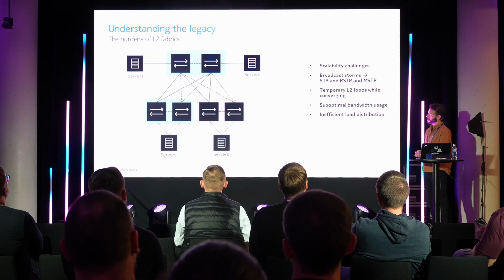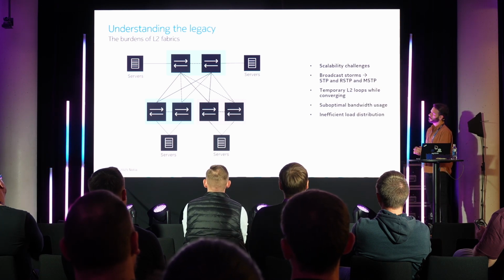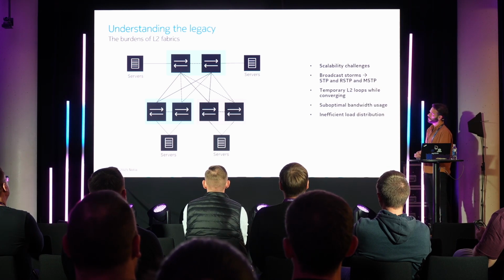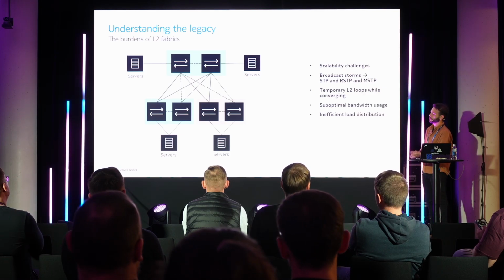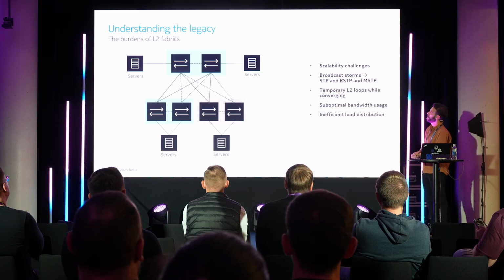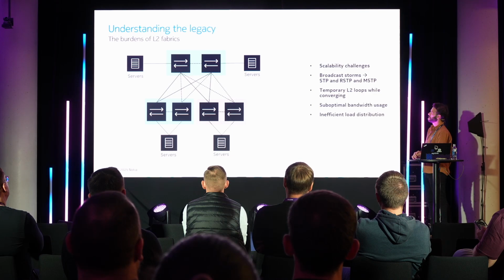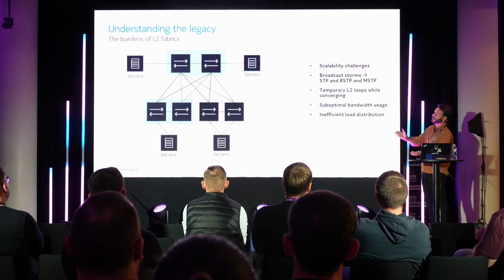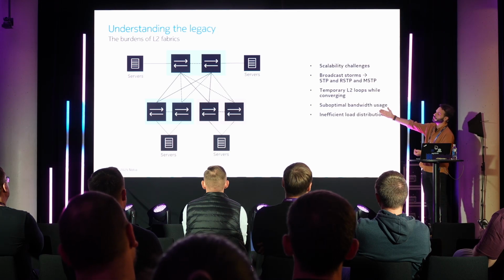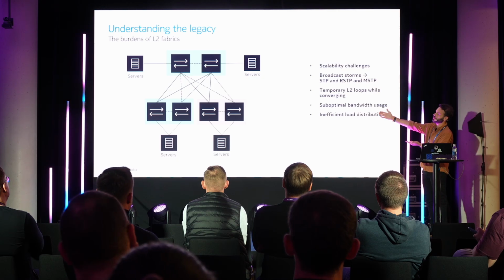If you look at the legacy data center, they were simple. A bunch of switches, as you see at the center, interconnected with each other and connecting to servers. Typically, these are layer 2 data centers, with a variety of spanning tree protocols running across them. As you see, some of the links are pruned because of STP, so we are underutilizing the DC bandwidth.